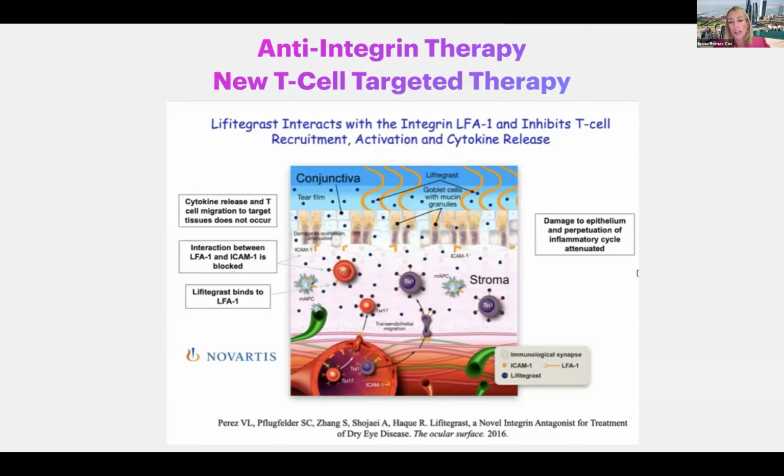So it works as a LFA1 antagonist. LFA1 is lymphocyte function-associated antigen 1. So lifitegrast blocks binding of LFA1 on the ICAM molecule, which is the intercellular adhesion molecule 1. And this is how it inhibits T-cell recruitment.